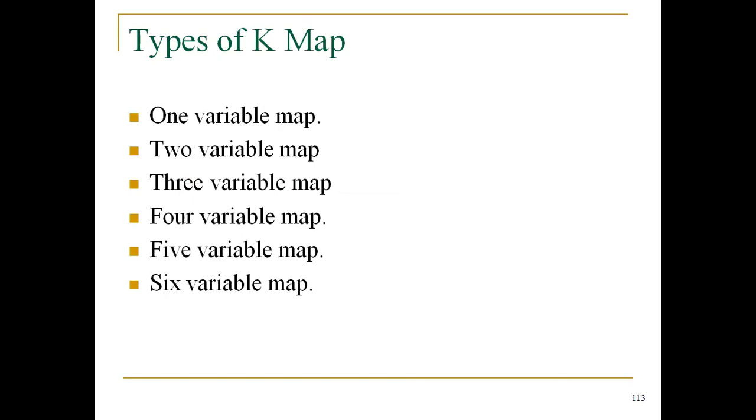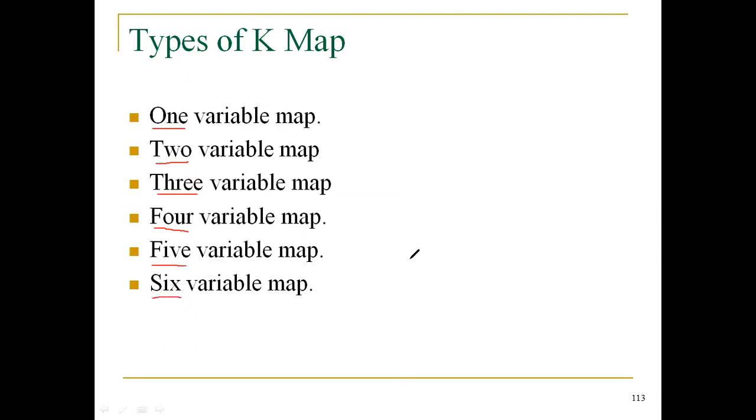Then the types of Karnaugh maps or K maps are shown in this slide. It is based upon the number of variables. The first one is the one variable K map, and then two variable K map, three variable, four variables, five variables, and six variables.